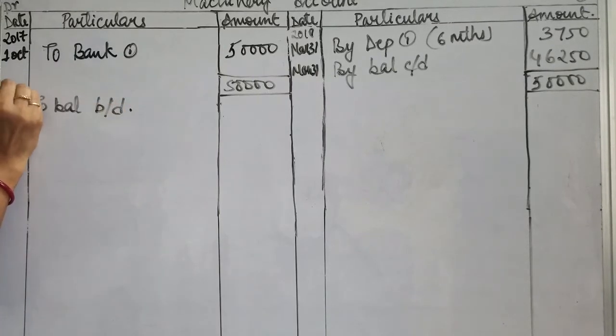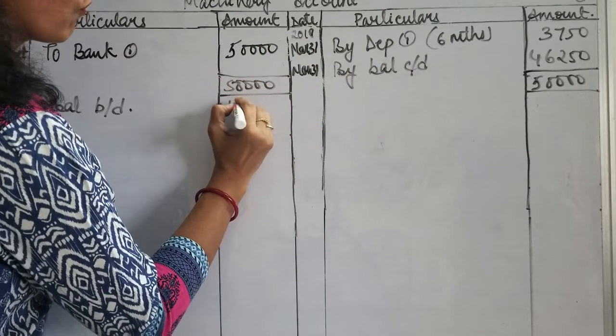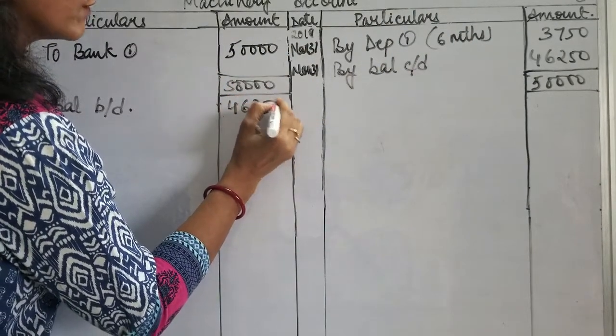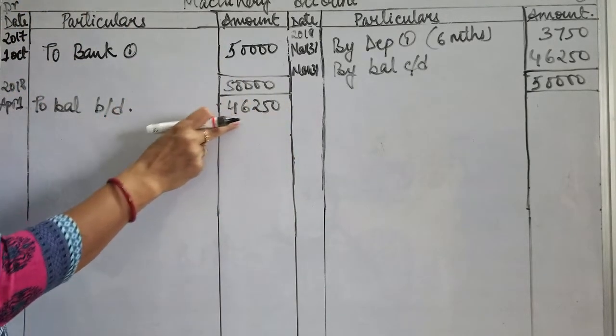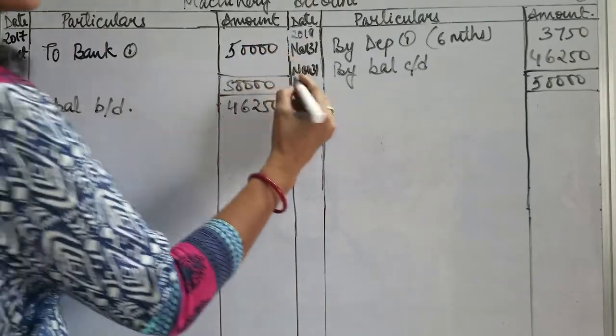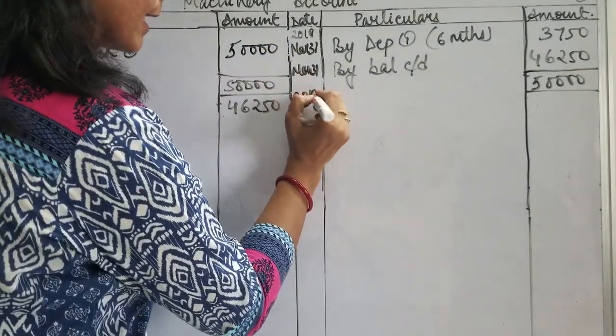Year is 2018, April 1st, and amount is 46,250, right? Now depreciation will be provided on this first machinery at the rate of 15% for the full year this time, right?